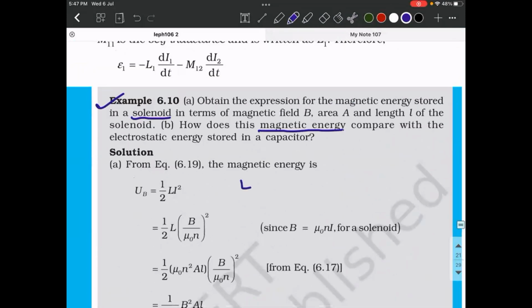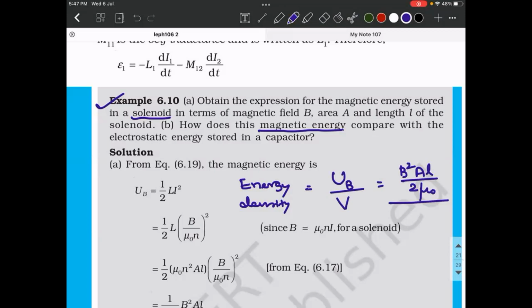Now I'm going to calculate the energy density stored in it. What is the energy density? Energy per unit volume. We just now derived the energy in terms of B square: B square A l divided by 2 times mu naught, the whole divided by the volume of the inductor.